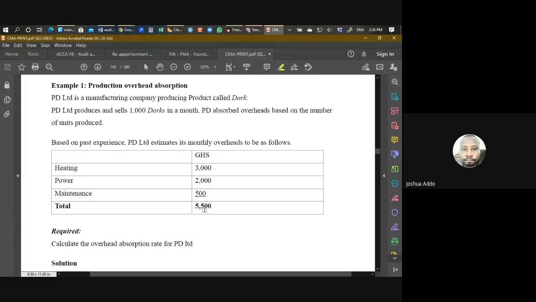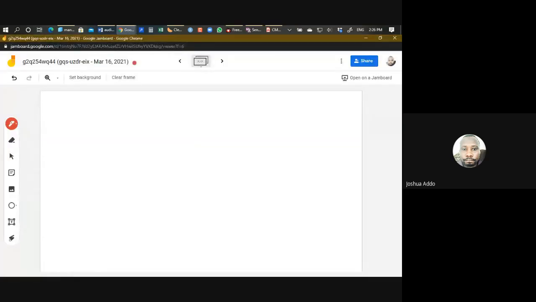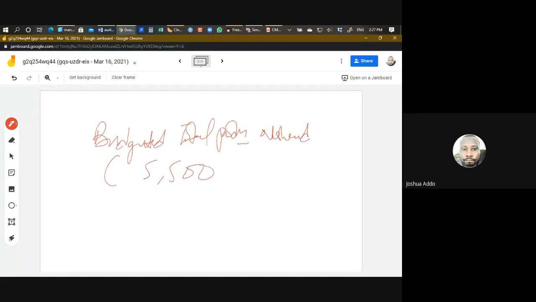Organization-wide budgeted total production overheads is equal to 5,500 Ghana cedis.